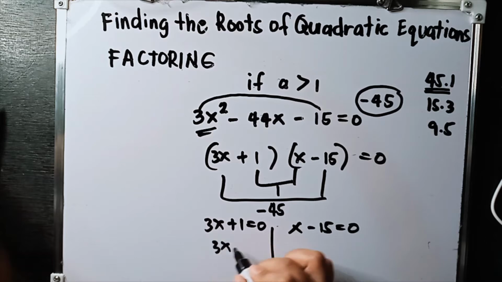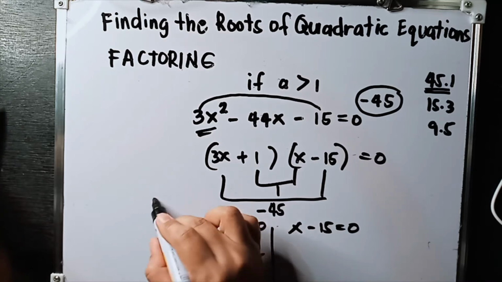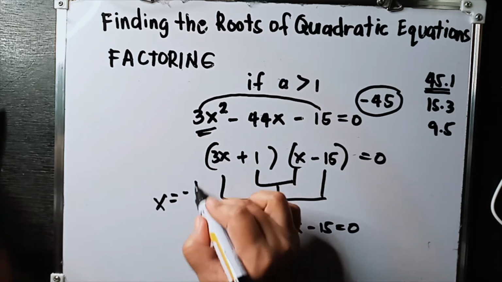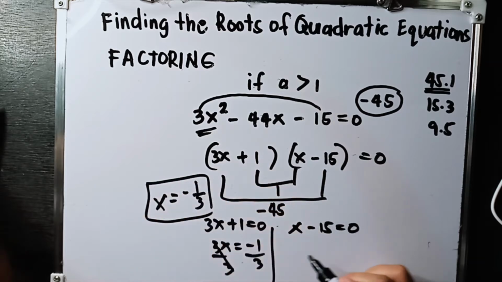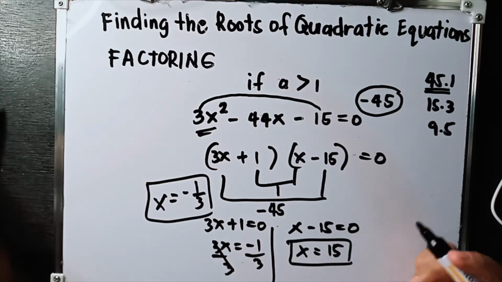So, we have 3x equals negative 1. Divide both sides by 3. Cancel. So, ang x dito ay negative 1/3. Yung kabila naman, x equals positive 15. Eto na yung mga roots.